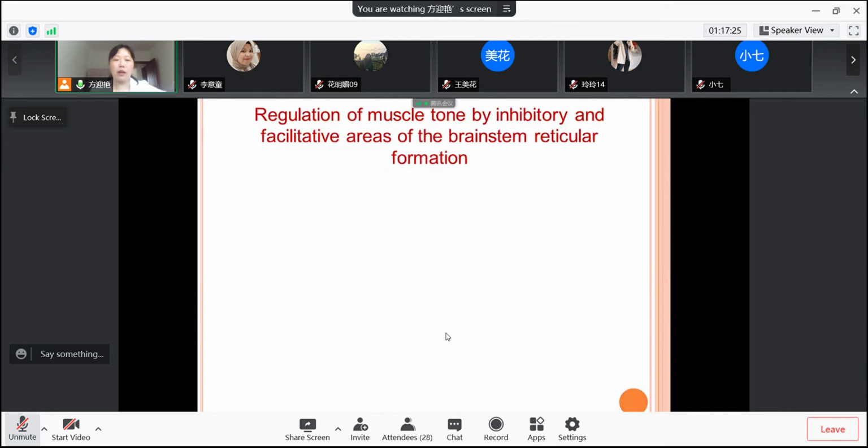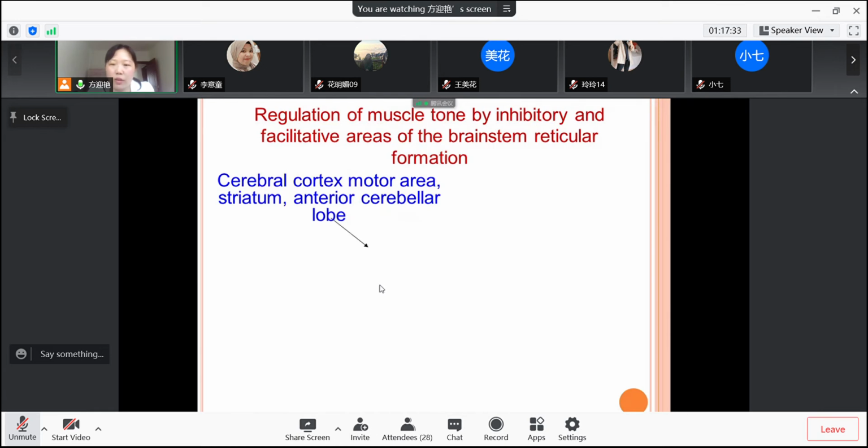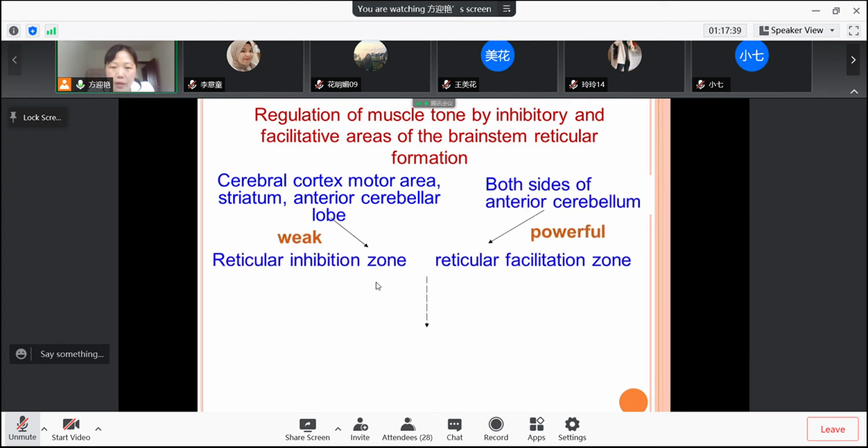Here the regulation of muscle tone is determined by the inhibitory and facilitative areas of the brainstem reticular formation. The reticular inhibition zone receives input from the cerebral cortex motor area, the striatum and the cerebral lobe.